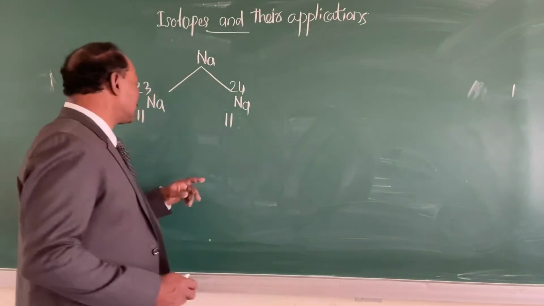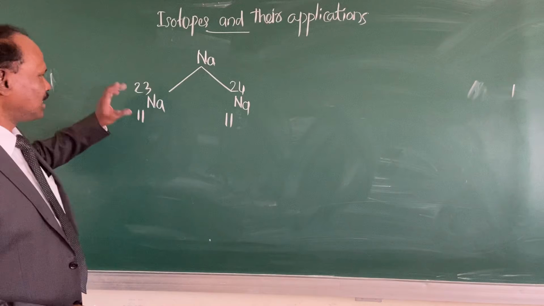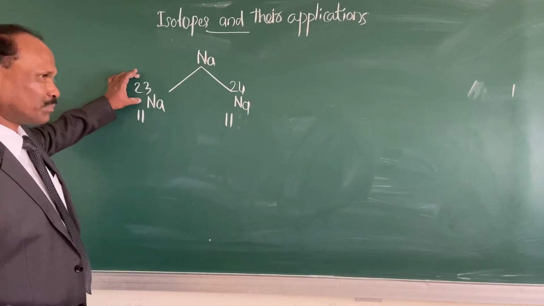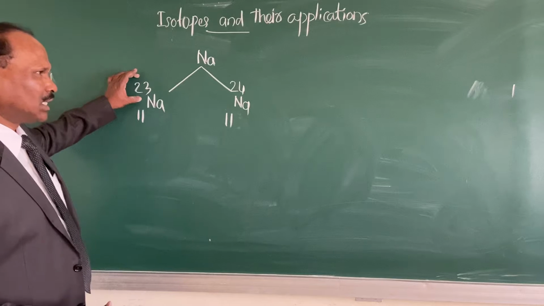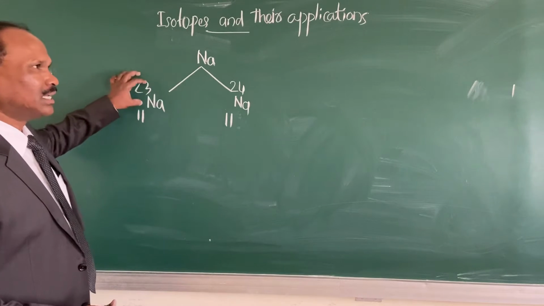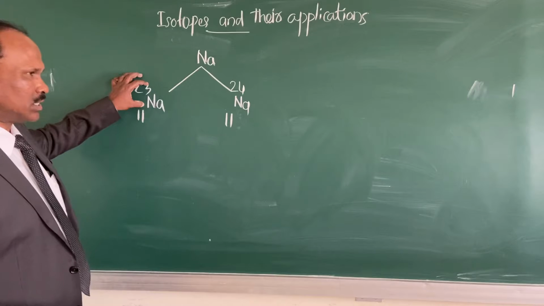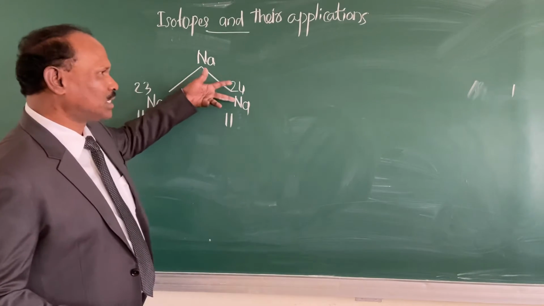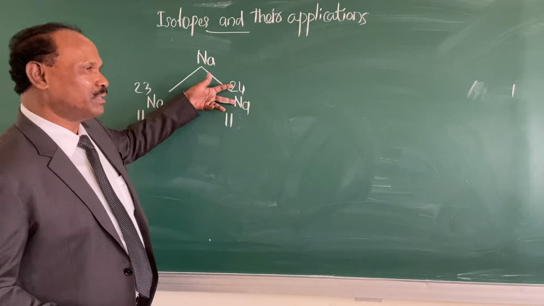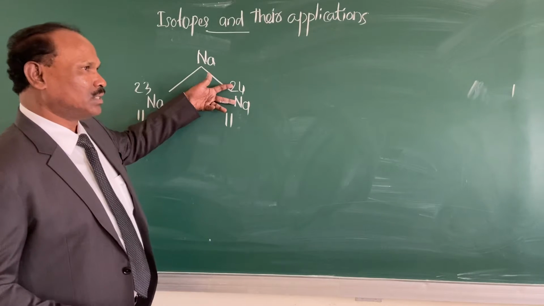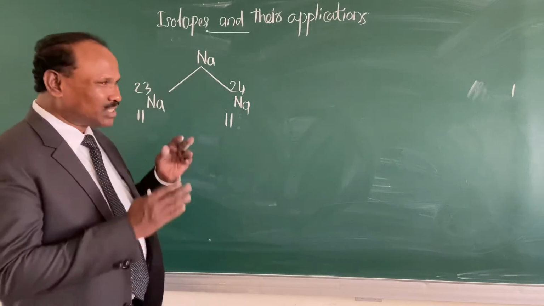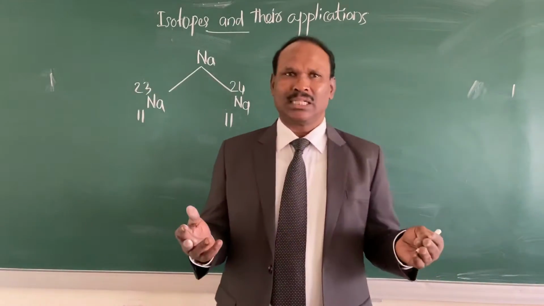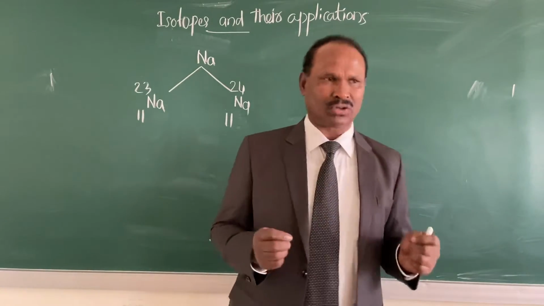It becomes clear: there are 11 protons here. If you subtract the 11 protons from 24, the remaining 13 will be neutrons. So due to the difference in the number of neutrons, we are getting the isotopes. Is it okay?